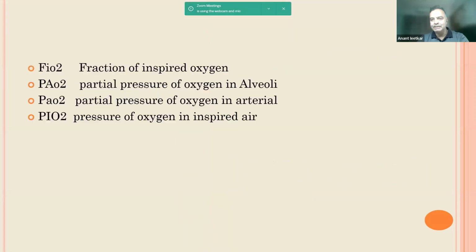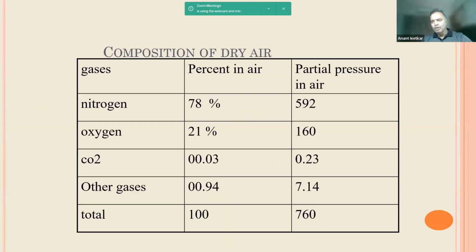These are some abbreviations. FiO2 is the fraction of inspired oxygen. PaO2, with a small a, stands for the partial pressure of oxygen in arteries, and PiO2 is the pressure of oxygen in inspired air. We all know that the composition of dry air is 78% nitrogen and 21% oxygen.